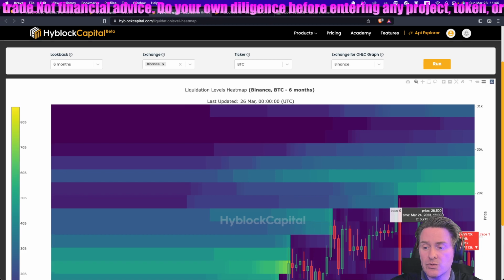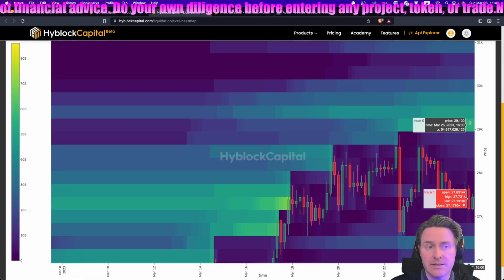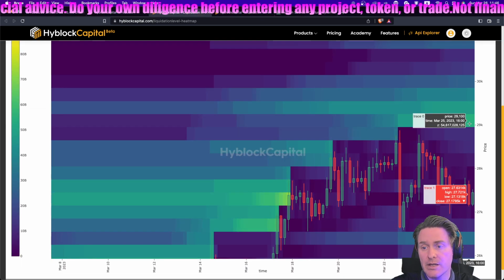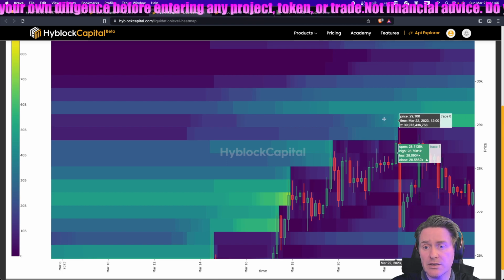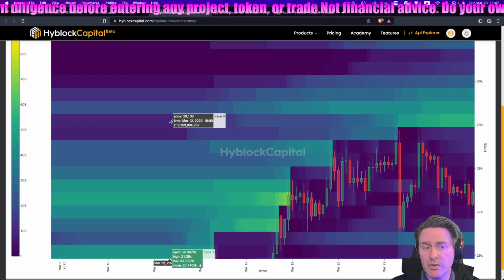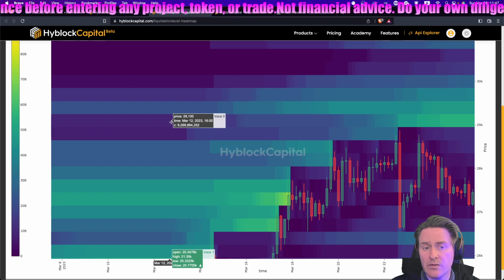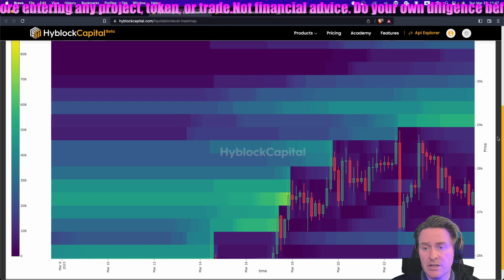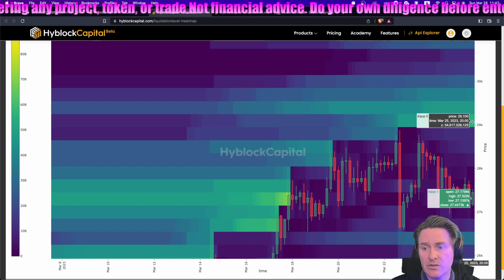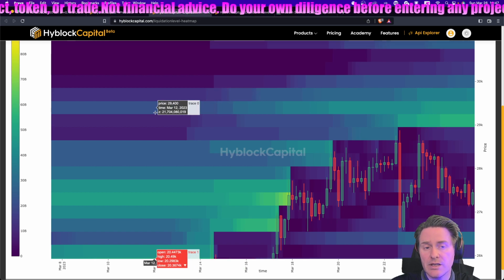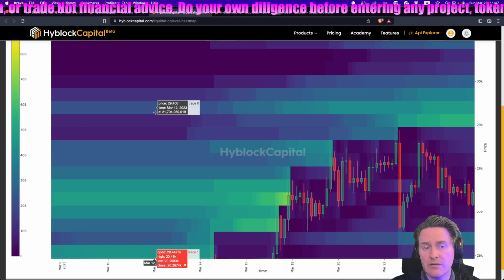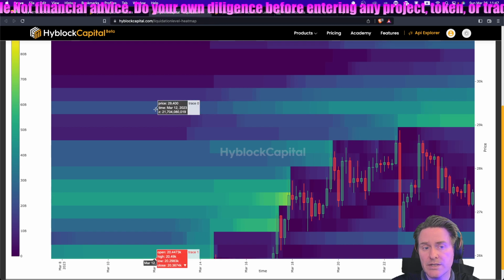Let's go to the 6 months. So you got 29k, you got $50 billion starting to pool up here. Previously on March 12th, there was only 9 billion. So this is getting thicker in so many days. And same with the 29.4 region, you're now up to 46.